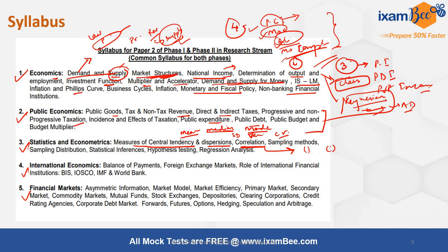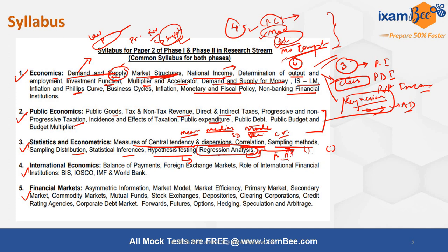Then various sampling methods and sampling techniques used, distribution inferences, and how to conduct hypothesis testing, various tests like the student t-test, the z-test, the chi-square test, and regression analysis. So how is regression different from correlation, whether regression implies causation or not, and the various ways of calculating the estimates of the population, like beta naught hat and beta 1 hat.